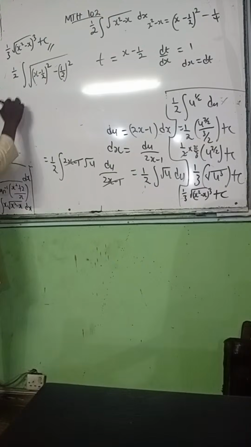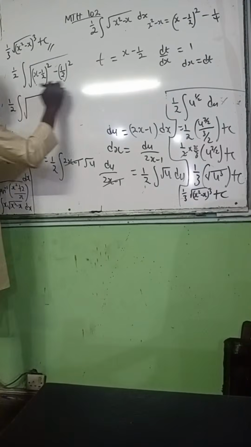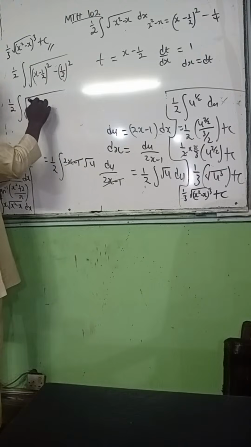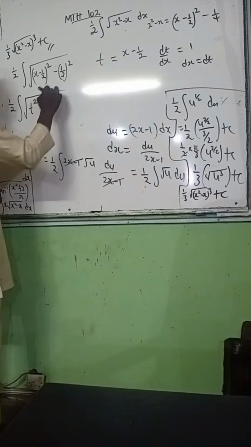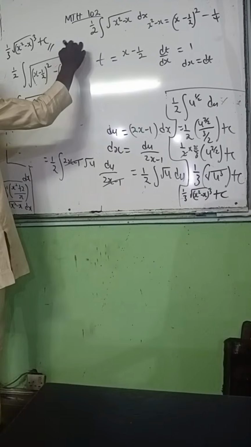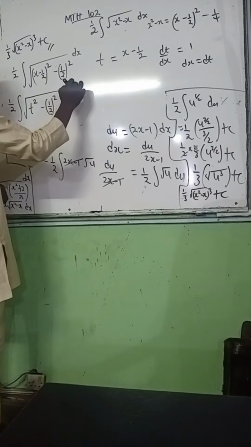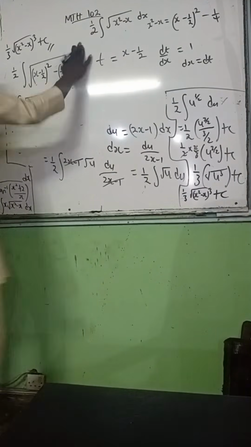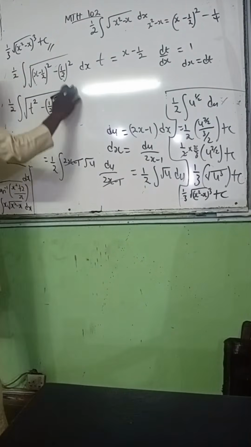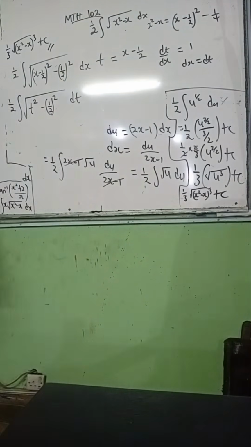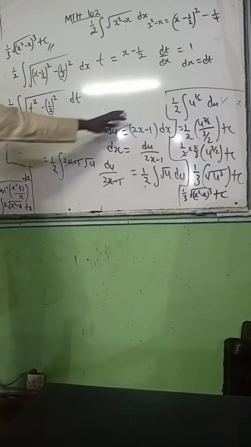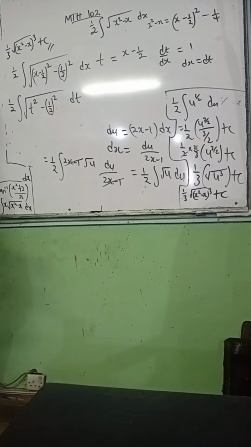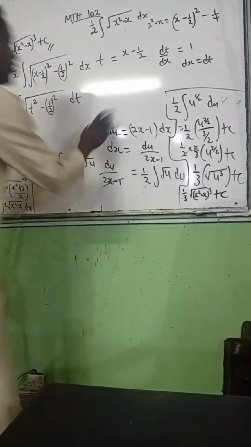So we have 1 over 2 integral of square root of t squared minus 1 over 2 all squared, and the dx is here, then we have our dt. Are we clear on that part? Making sense.